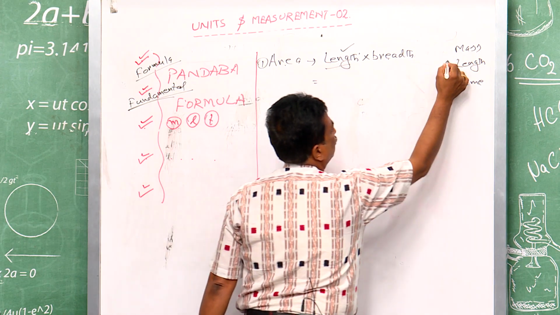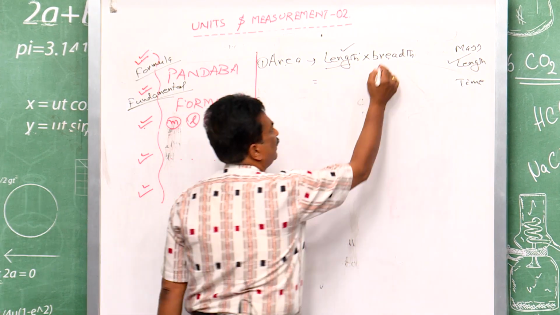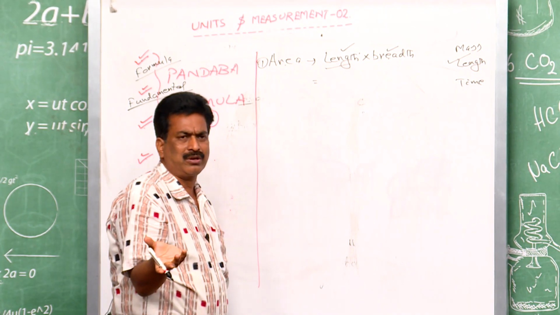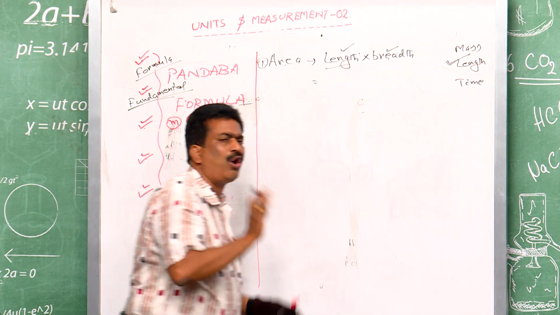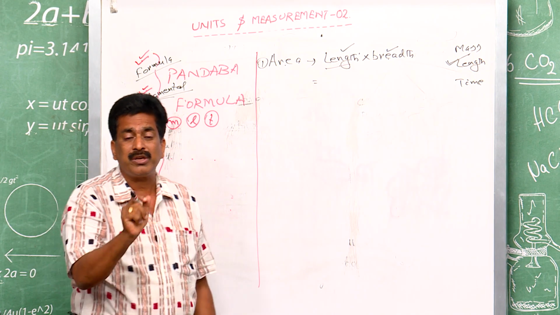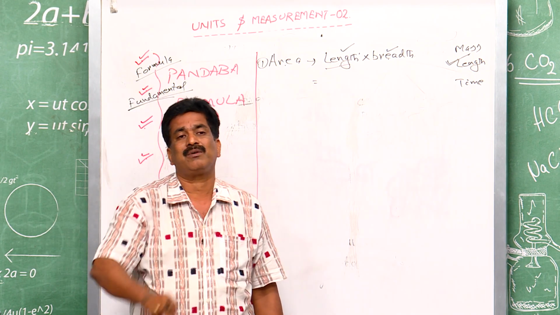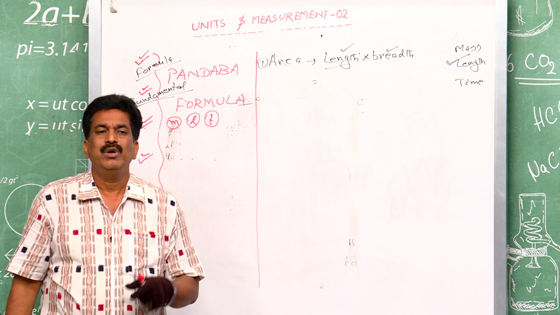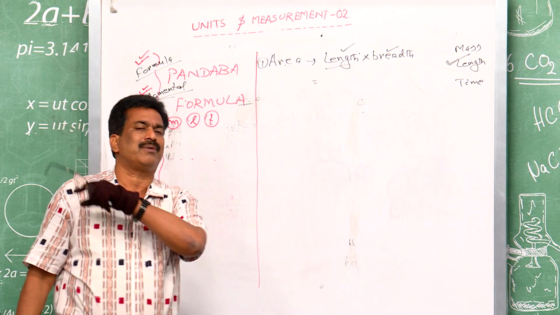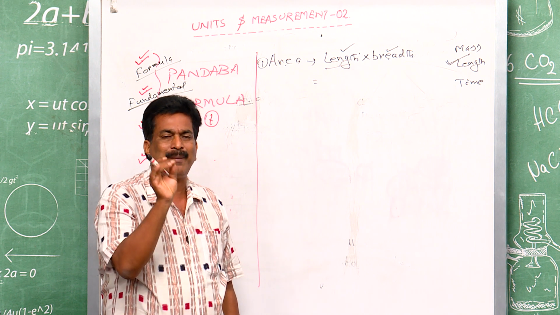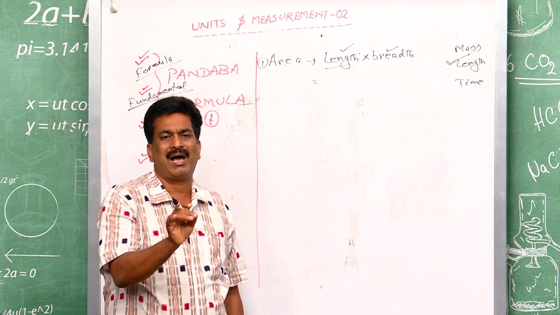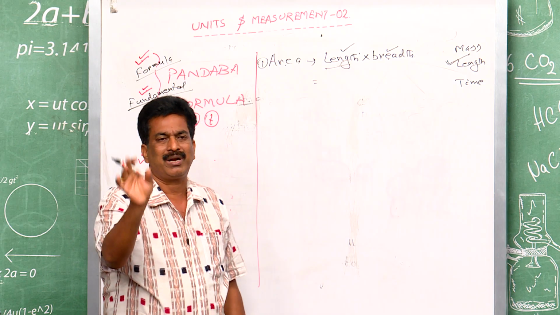This is the length, so it belongs to the fundamental. This is the breadth. Breadth is also one type of length, so this is fundamental. So these two are already fundamental. The question comes, sir, if one is not fundamental, then what do I have to do? You have to convert it to the fundamental. Do you understand? You have to make every part of that formula be in fundamental form.